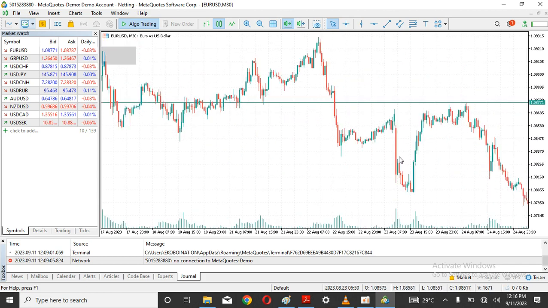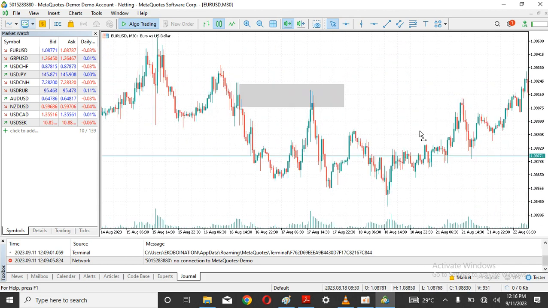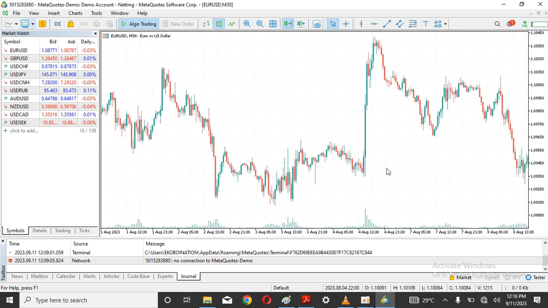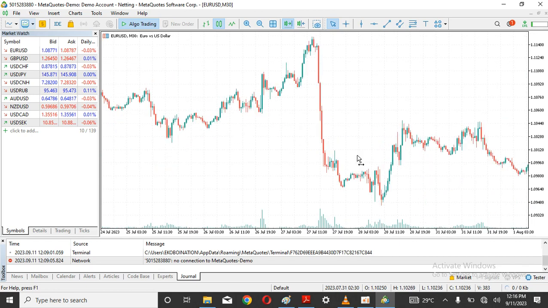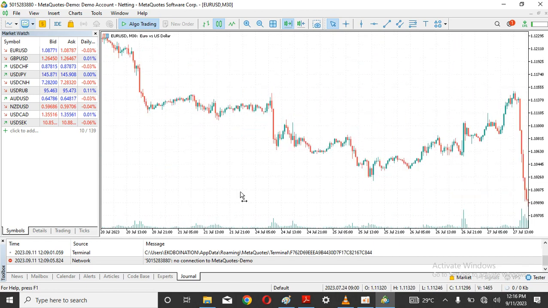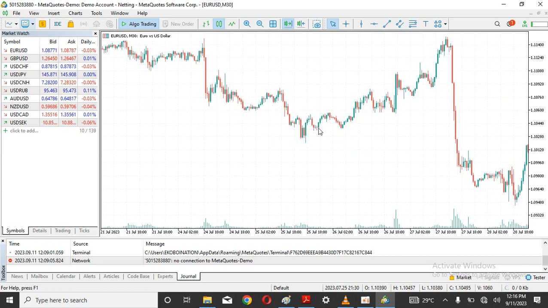Now let's look for a bullish market, so we can mark one order block. This market is just ranging and going bearish. I think there was a small bullish trend here. Let's use this trend here.